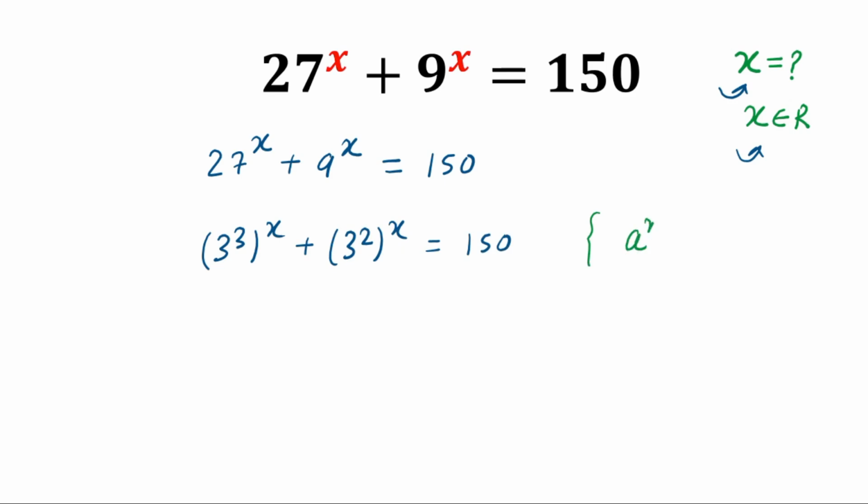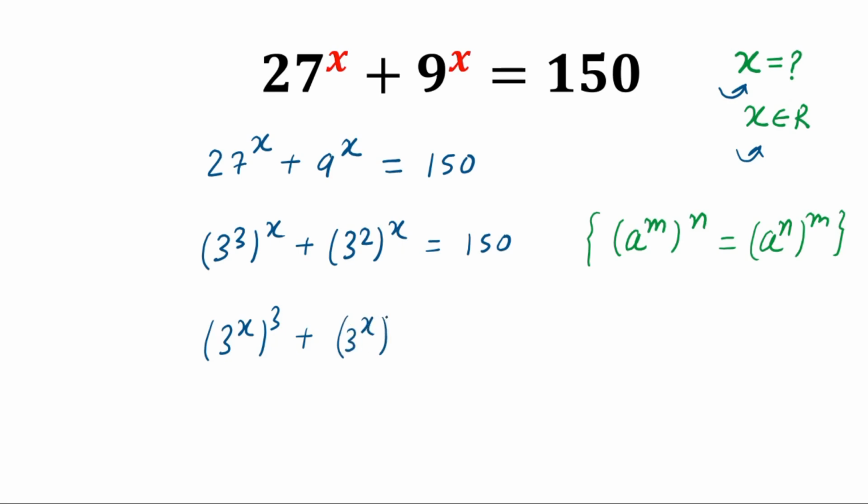We know that (a^m)^n = (a^n)^m. If we apply this rule here, then you can say (3^x)^3 + (3^x)^2 = 150.